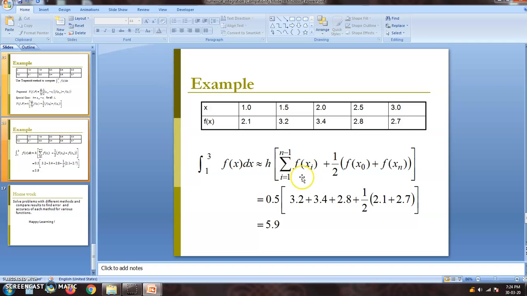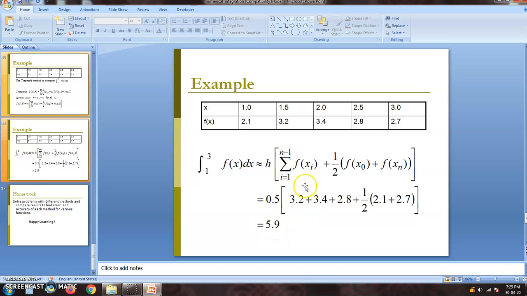You can see that the summation is taken not for the starting point and ending point, but for all intermediate data points: f1 is 3.2, 3.4, 2.8 are the intermediate data points which are added, and the starting point 2.1 and 2.7 are added and divided by 2. So the result is 5.9.